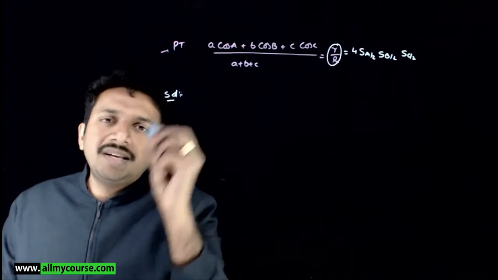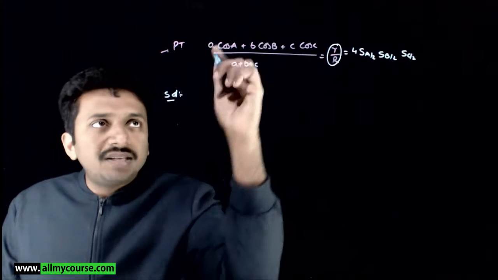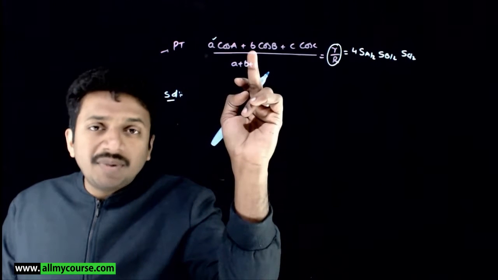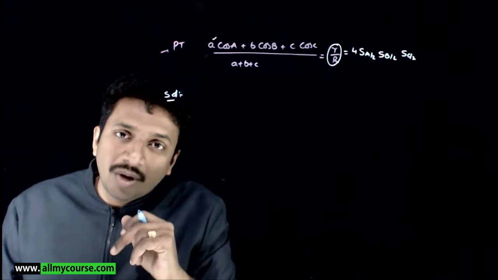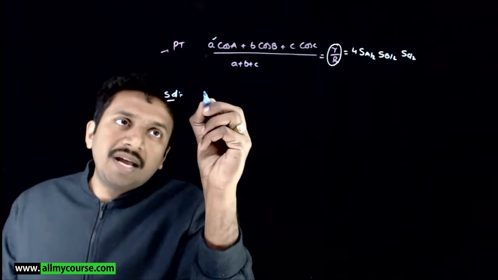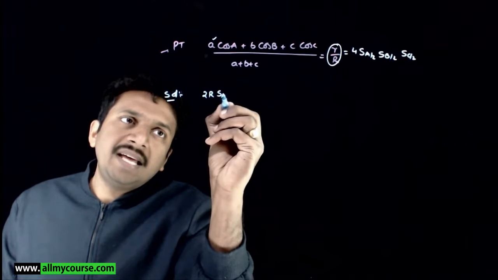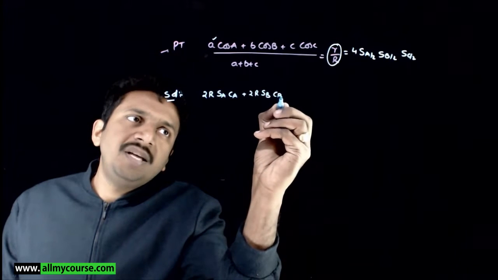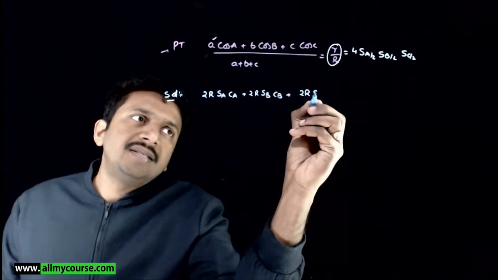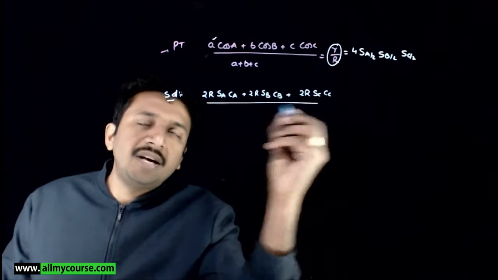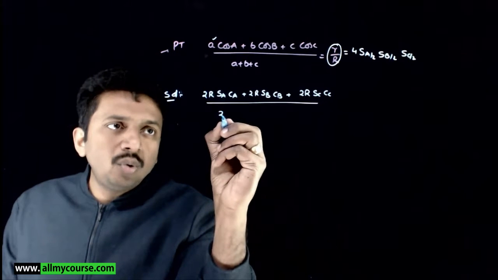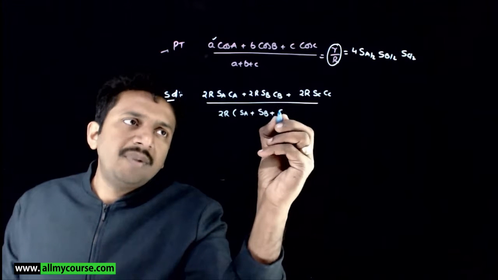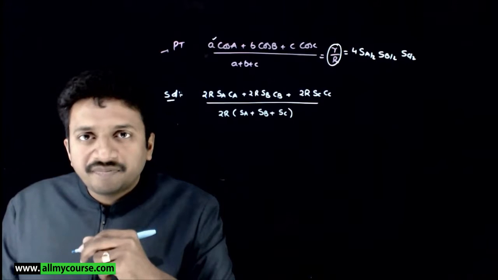To do that, I'll use my sine rule first in the numerator. So a can be written as 2r sine A, b can be written as 2r sine B, c can be written as 2r sine C. So you get 2r sine A cos A plus 2r sine B cos B plus 2r sine C cos C, divided by, the denominator also, 2r sine A plus 2r sine B plus 2r sine C in brackets.